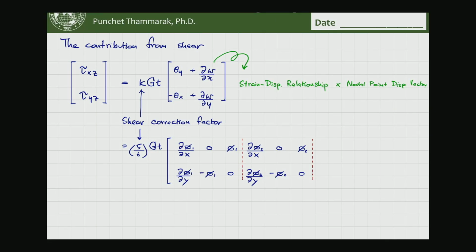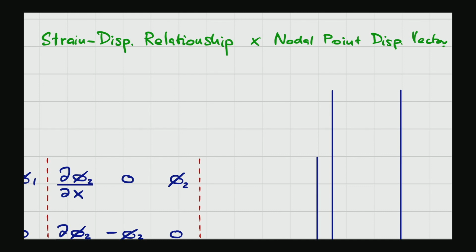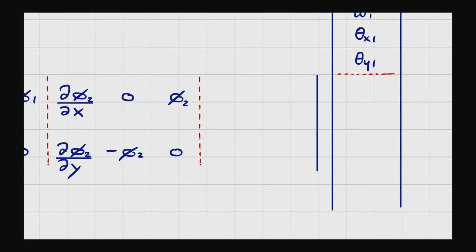This will repeat until it gets to the last node, and you know it's going to be this vector of w1, theta x1, theta y1, w2, theta x2, theta y2, like this, repeating.